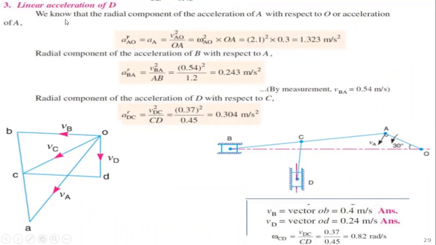So we are taking the radial component of the acceleration of A with respect to O, which is taken as acceleration of A, that is velocity of AO whole square divided by OA, that is angular velocity of AO whole square into OA.